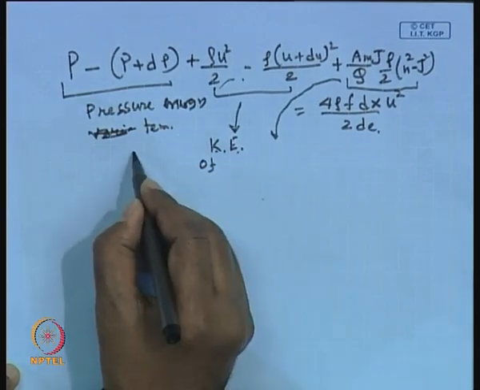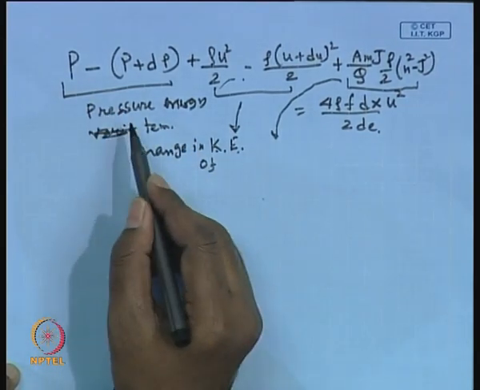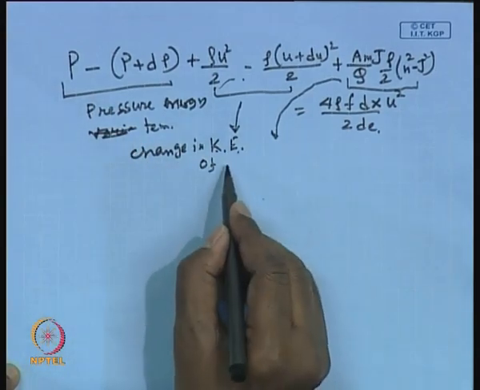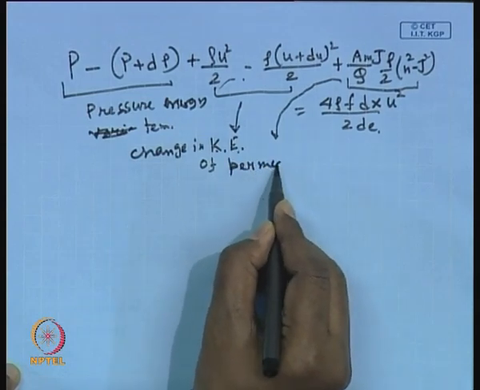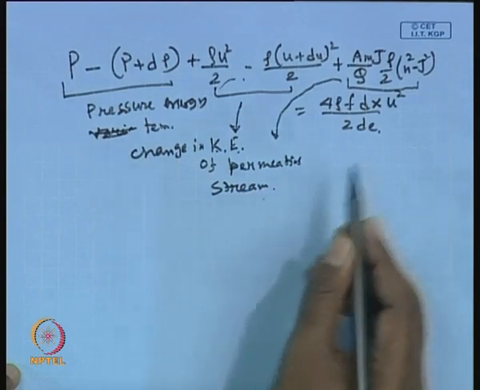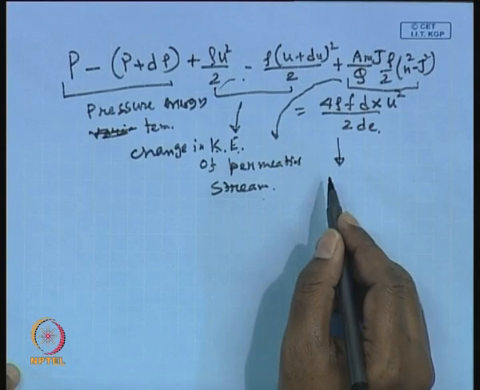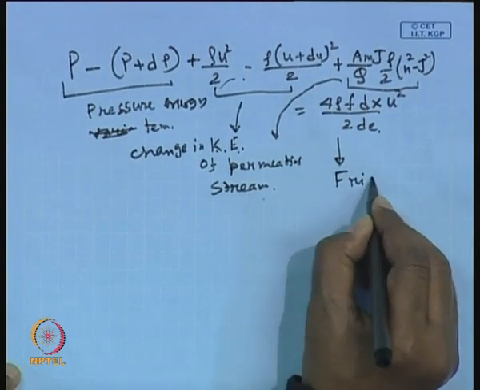This is basically change in kinetic energy. This is the change in pressure energy between the inlet and outlet, this is the change in kinetic energy of the permeating stream, and this becomes a pressure loss term, friction loss term. Okay, this becomes a friction loss term.